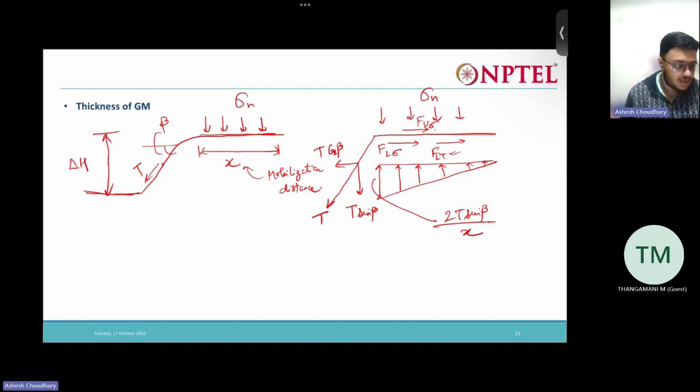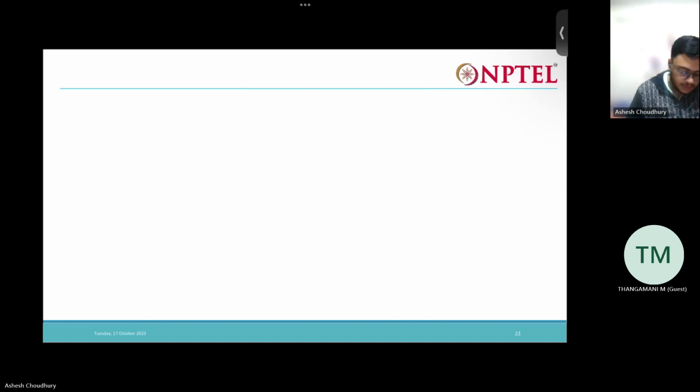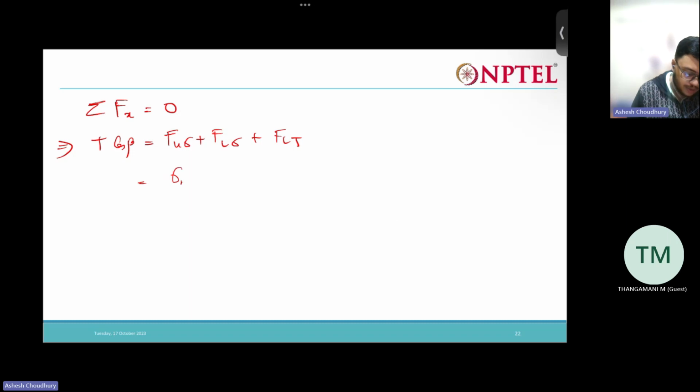So if we take the summation of all the forces along x equal to 0, we have T cos beta equals F_U sigma, the normal stress multiplied by tan delta into x, plus the lower one, tan delta into x.